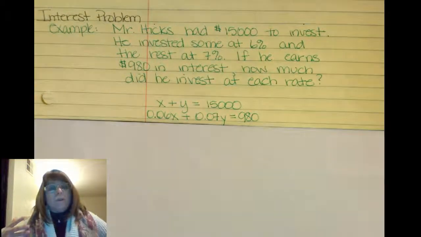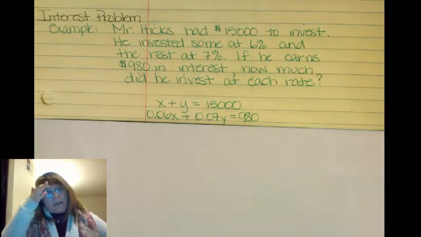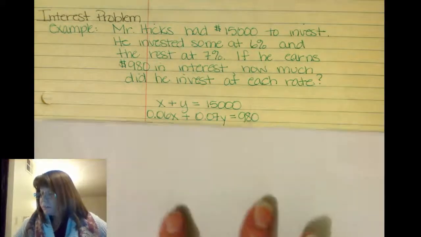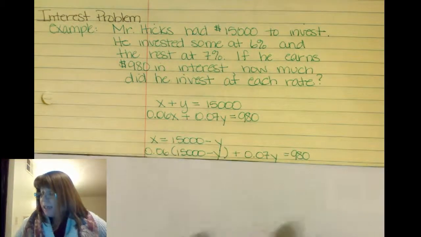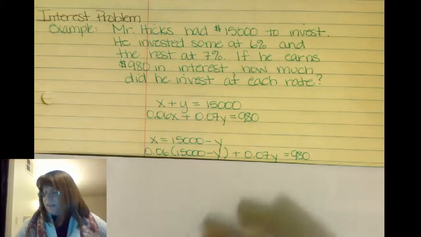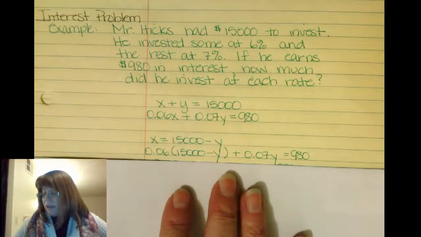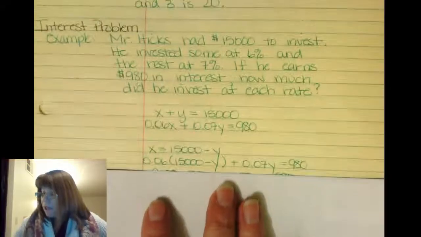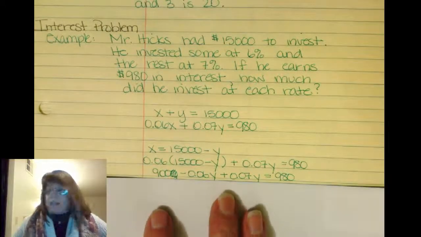Now, depending on what you prefer, you can use either elimination or substitution here. I am going to solve for X and use substitution. I find that's the easiest for this equation.